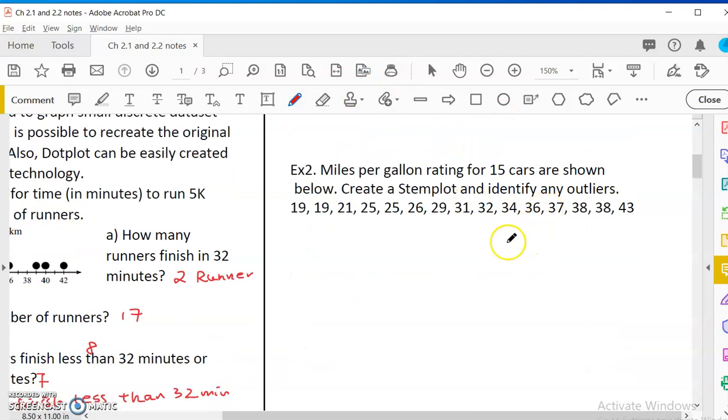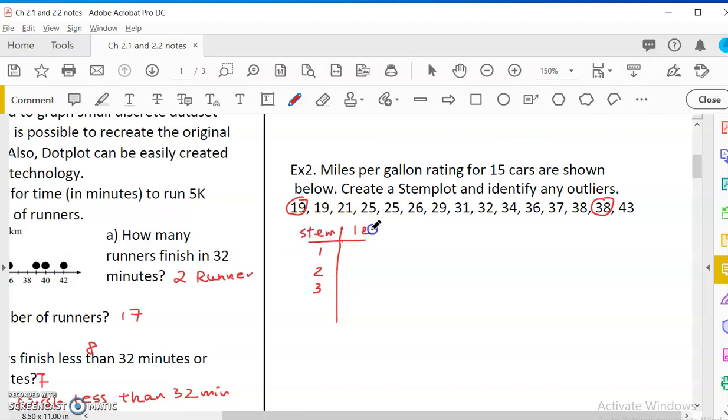Practice doing it. We need to write the stem and we need to write the leaf, right? So what is the lowest number? The lowest number is 19. The highest number is 38. So we would have 1, 2, 3, right? So then we write all the stems.